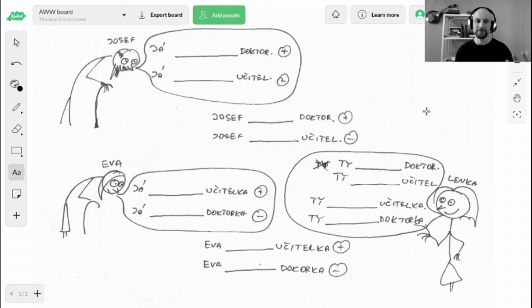Let's practice the past forms of to be also. So here we have Josef, Eva, and Lenka, and Josef and Eva are old, so they are talking about their professions in the past. What is Josef saying? And the first sentence is again positive, and this time it is about the past. So he would say, I was a doctor.